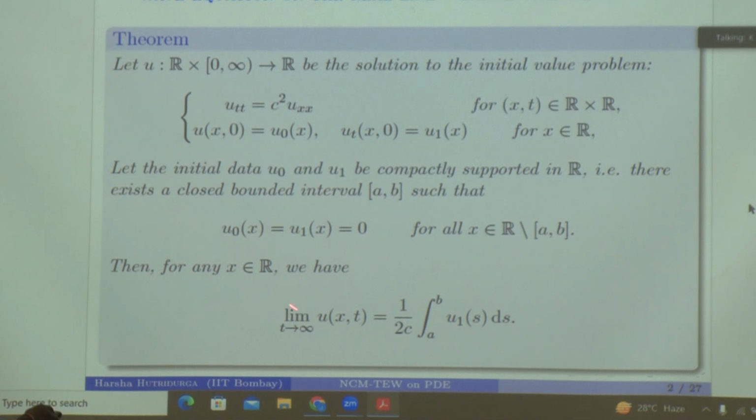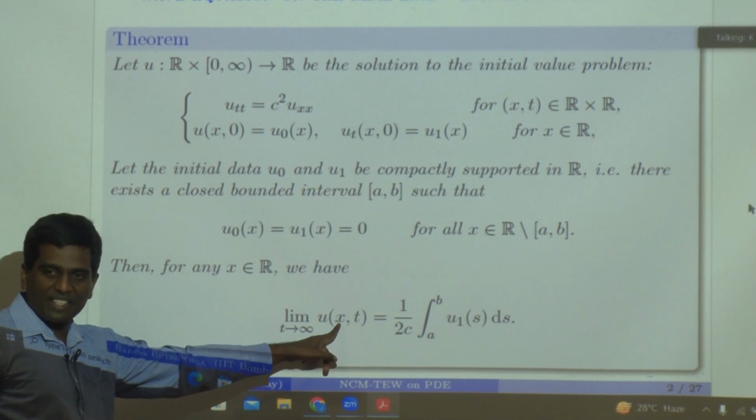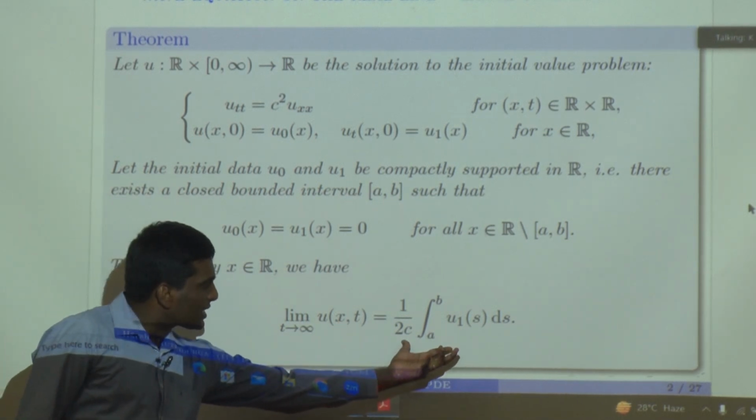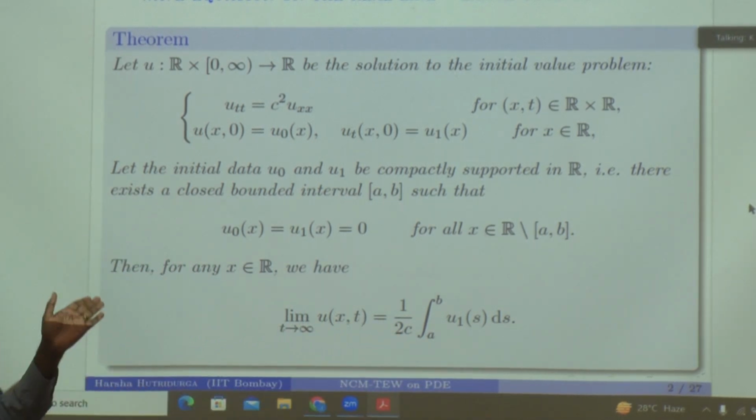So the statement of this theorem is that if you let t become larger and larger, that function of the t variable goes to this guy, and that is a constant because you have simply integrated the function u1 on the interval AB, and then divided by 2c. So this is the claim, that the solution to the wave equation at any point x, if you wait for long enough, becomes a constant.